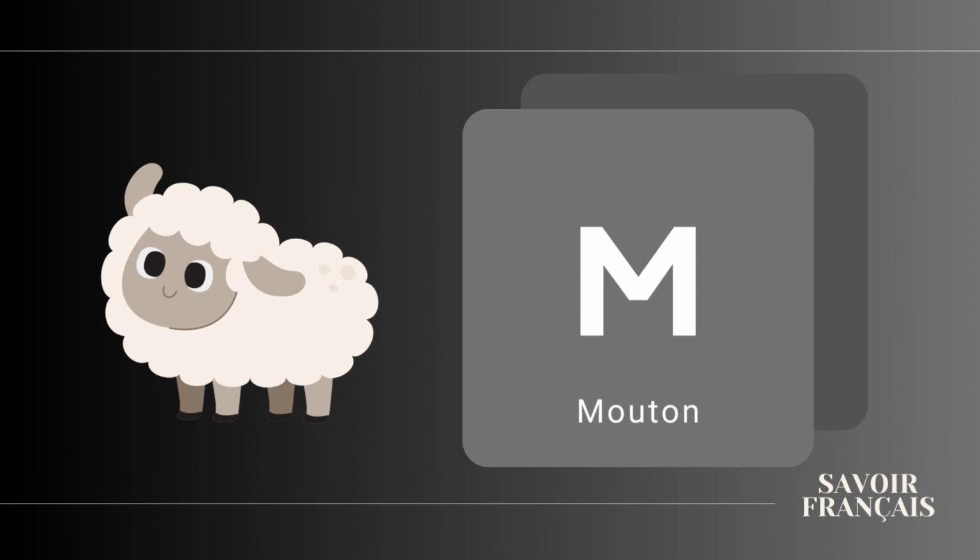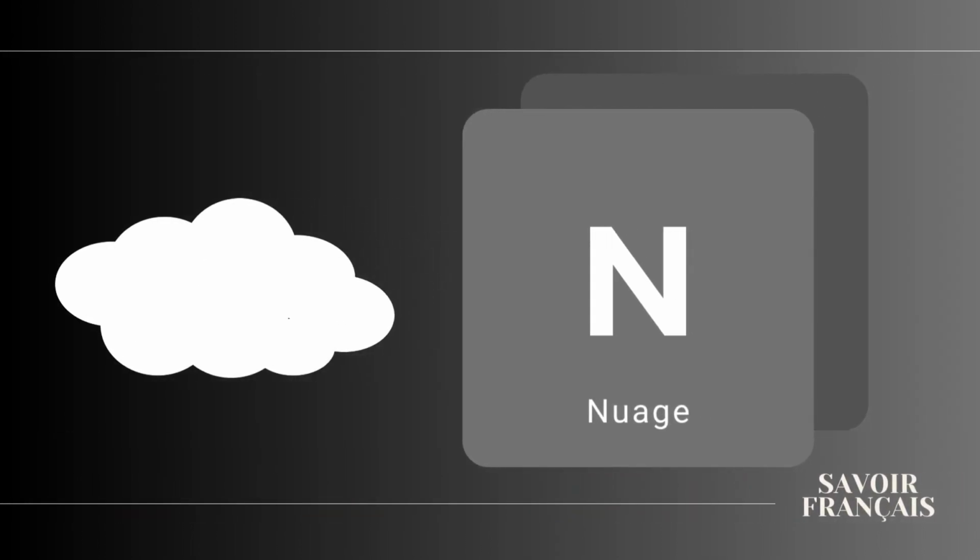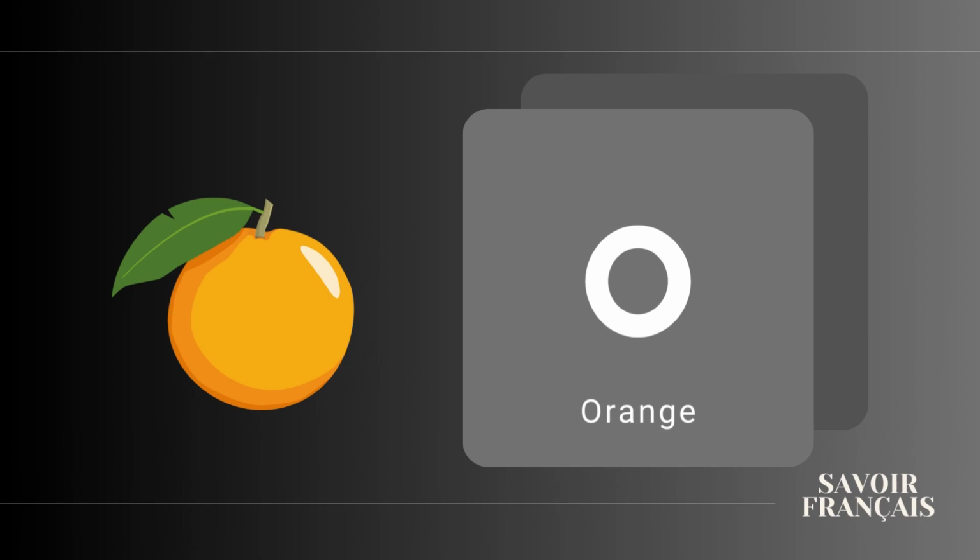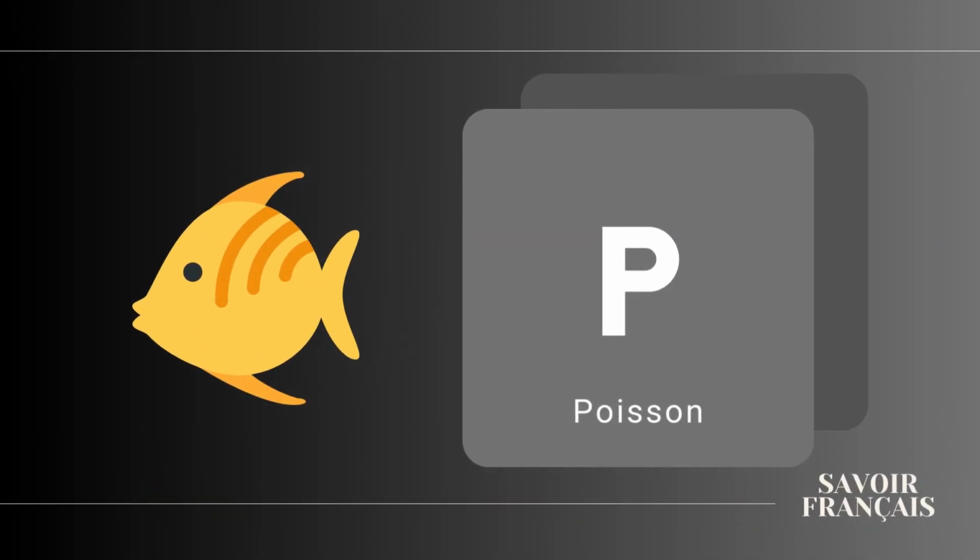M is for mouton, mouton. N is for nuage, nuage. O is for orange, orange. P is for poisson, poisson.